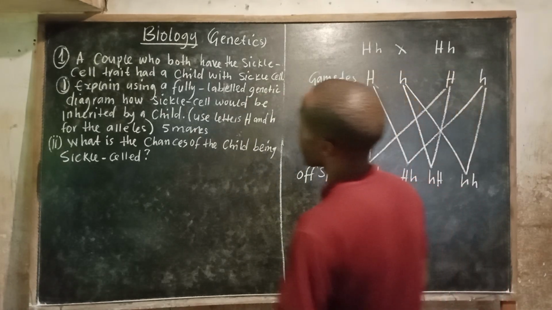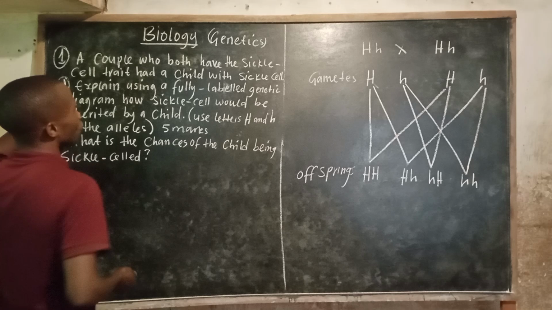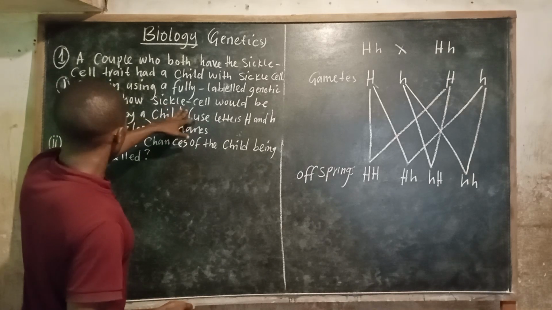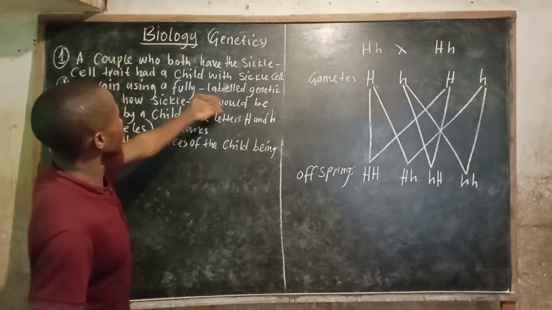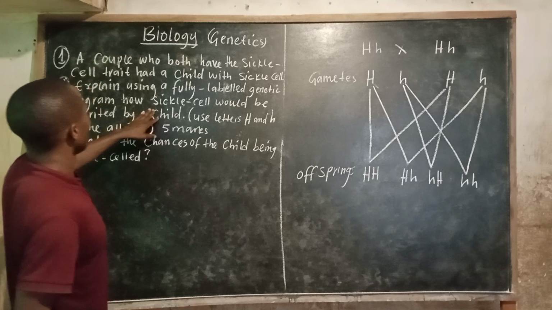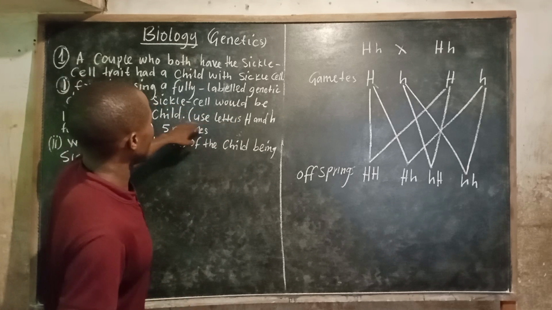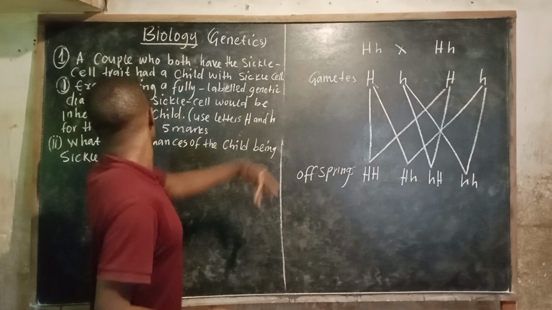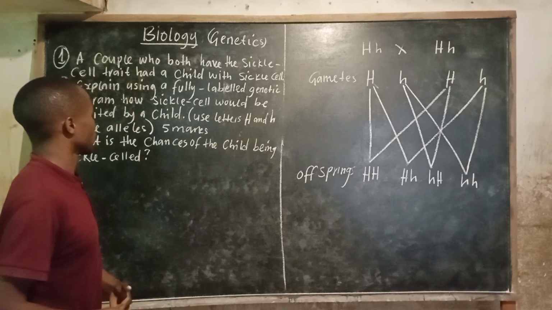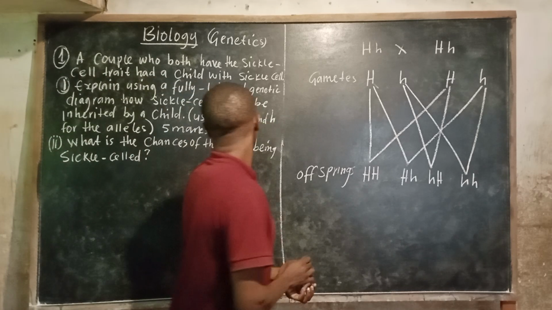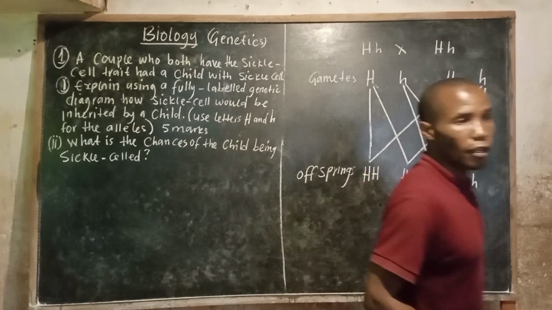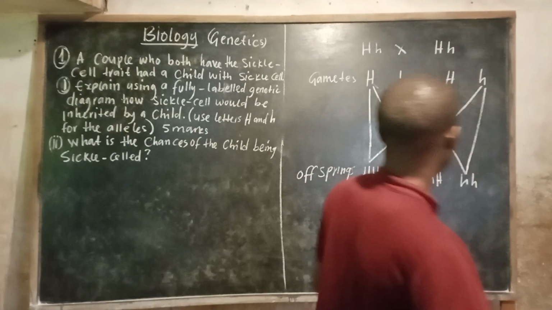This is what is happening, so it means we have answered this question. Question 1: explain using a fully labeled genetic diagram how sickle cell would be inherited by a child. Use letters H and h for the alleles. So we have explained, and this is the child who actually inherited sickle cell.